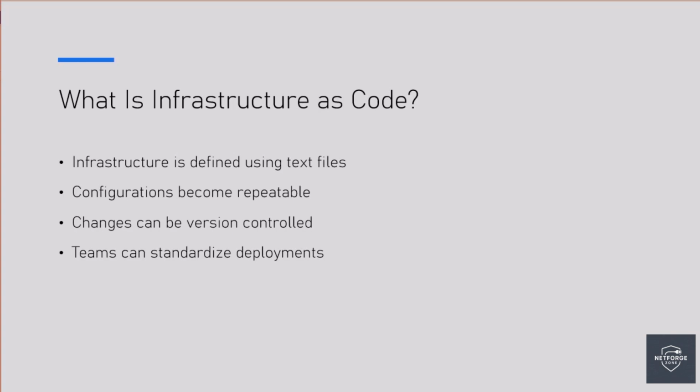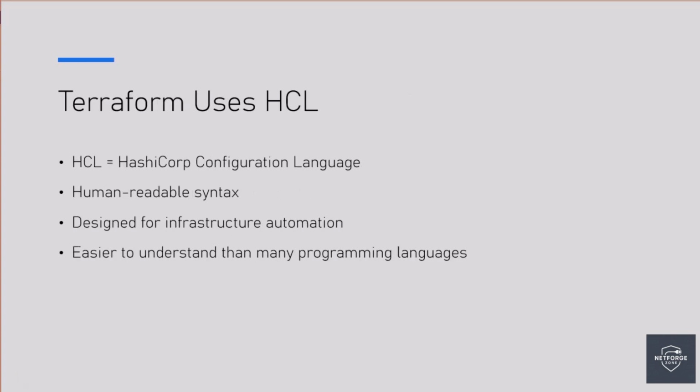For example, you run this. If you don't have a VLAN interface, the VLAN interface is going to be created for you. If you have the VLAN interface, then this part is going to be skipped, or it's going to be checked to make sure that the configuration on the VLAN interface is exactly the same as what you have in the script, and this is going to standardize everything that you have in your network.